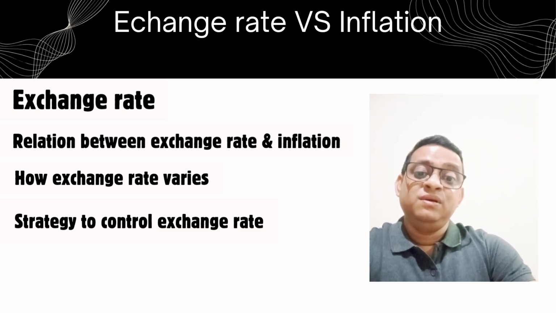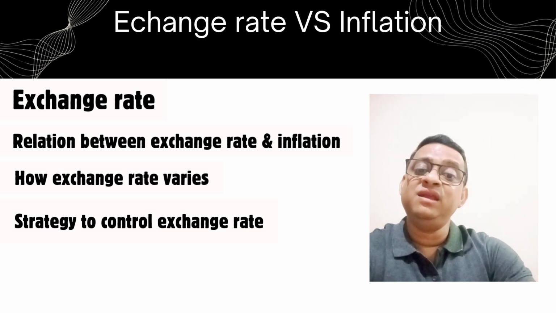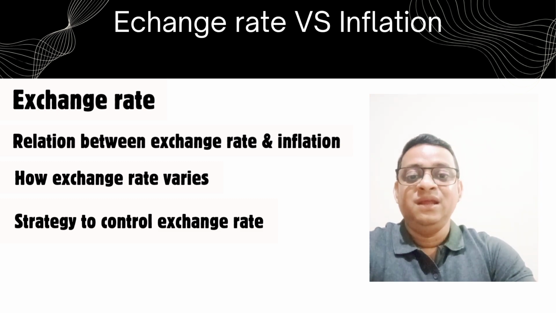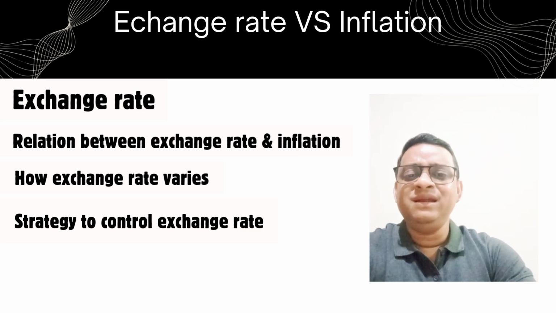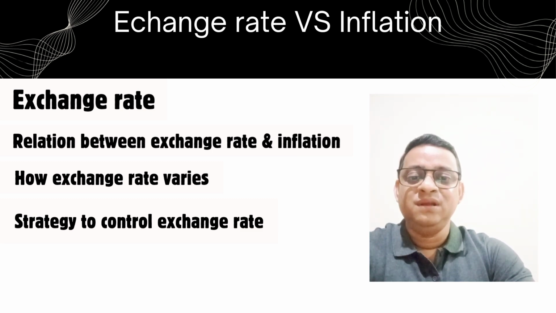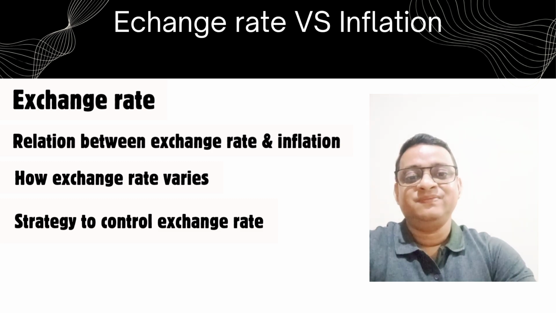So two strategies are coming into our mind. One is encouraging the export, another is discouraging the import. Now, if we discourage the import, I have to meet the aggregated demand also. When I am discouraging the import, in the same proportion I have to increase my localized production also.